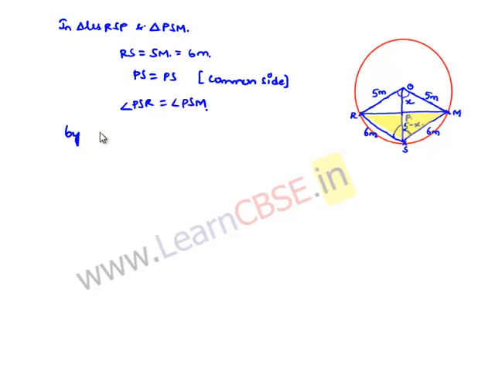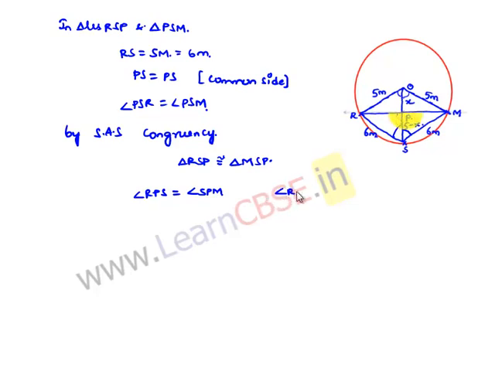Now by SAS property of congruency we can say both triangles are congruent, that is triangle RSP is congruent to triangle MSP. We know that when two triangles are congruent, their corresponding sides and corresponding angles can be equated. Therefore angle RPS will be equal to angle SPM. But if we observe the figure clearly, both angles also form a linear pair.